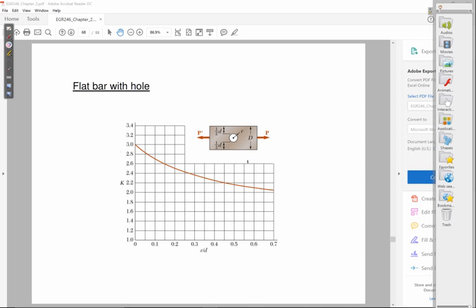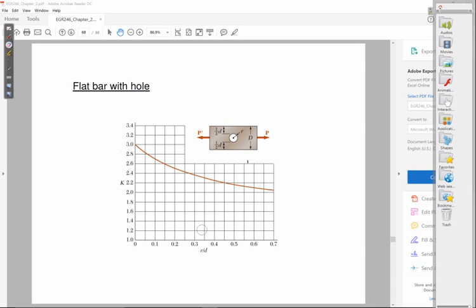Okay, so for instance, you take a look at this plate with a hole in it. You need to know what the original width of the plate is, and then you need to know what the radius is, and then what the distance is. The distance small d is basically your big width D minus the diameter of the hole. Okay, so you need all those values, and then you look up your ratio of the radius of the hole divided by that small value d, lowercase d, right?